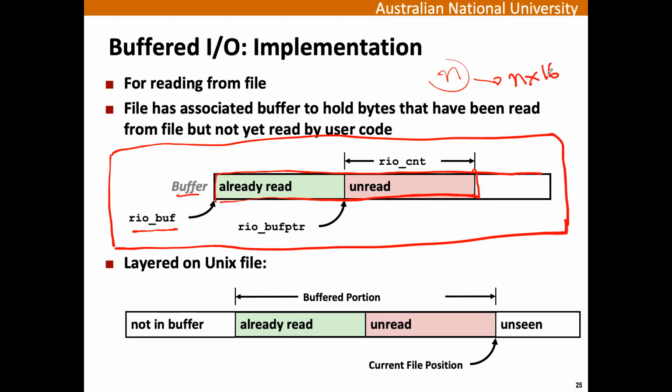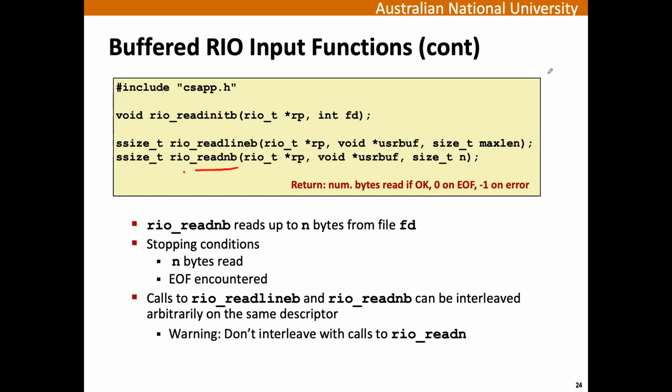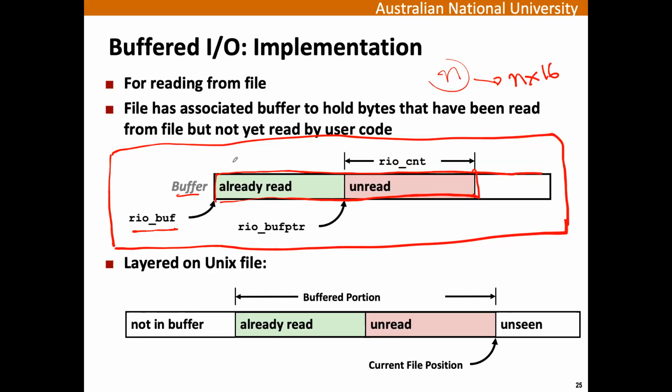The idea is that in one system call, you read as much as you can. So the next time someone calls this function again, you don't have to make another system call. You just copy bytes from this buffer to the buffer provided by the programmer.